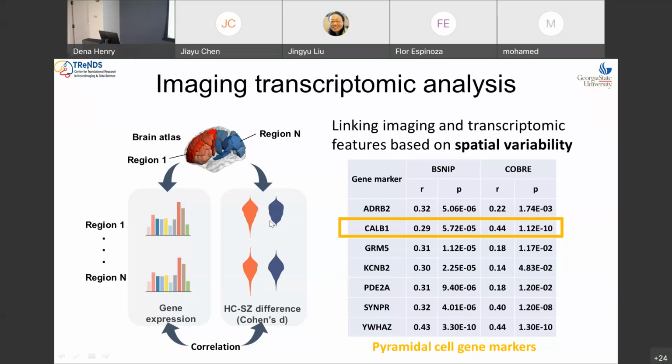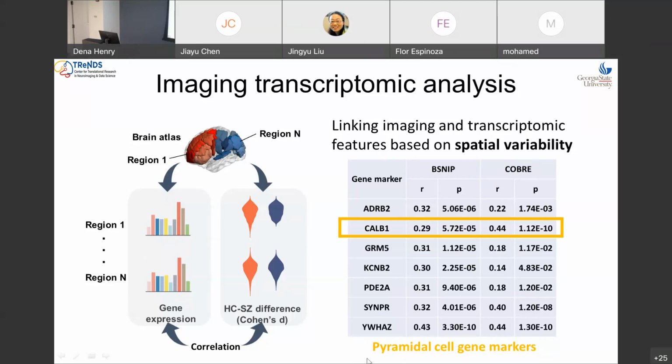And in parallel, you can have a feature based on the imaging modalities, for example, the group difference between schizophrenia patients and controls in terms of gray matter density in this particular brain region. This difference can be quantified by Cohen's d, which is interpreted as a measure of this brain region's vulnerability to schizophrenia. You do this for all the brain regions from 1 to n, and you get these two vectors. Then you can assess their correlations based on their spatial variability across these brain regions.